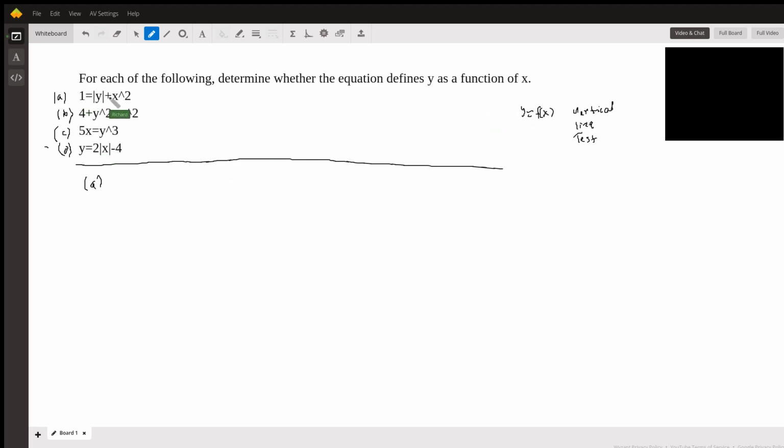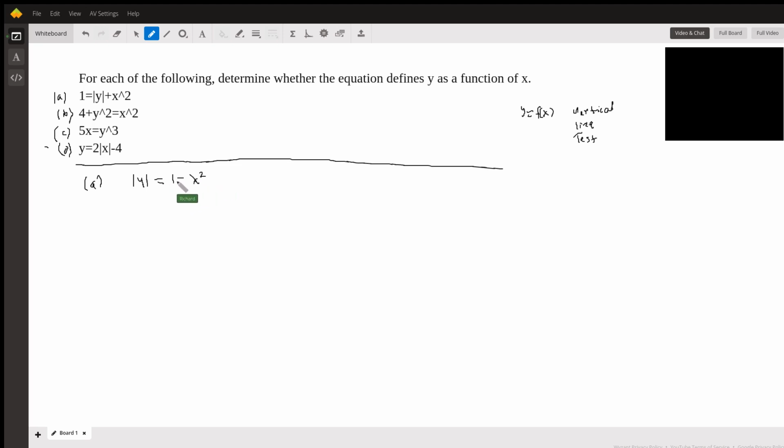And let's just take a look at this first one here. So I'm going to rewrite this as absolute y equals 1 minus x squared. Now this function can only work when 1 minus x squared is positive, right?